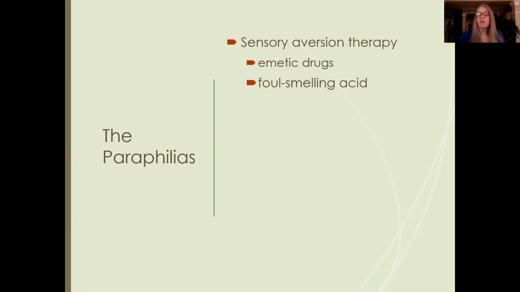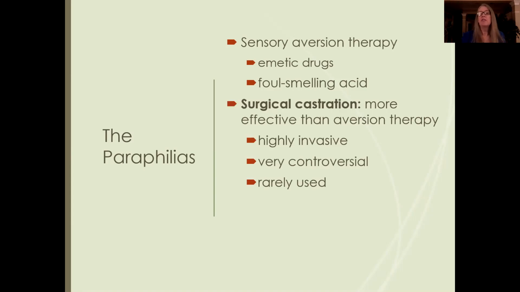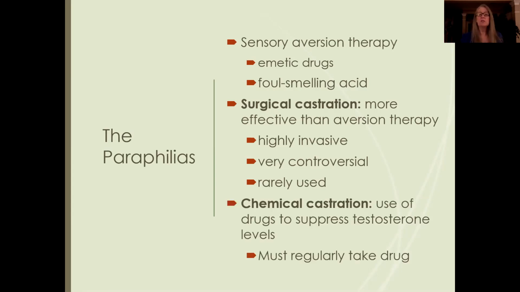But remember that some of the alternatives, like for pedophilia, you might even think are worse. Like surgical castration, well, it's more effective than aversion therapy, but it's highly invasive. It's very controversial, so it's rarely used.